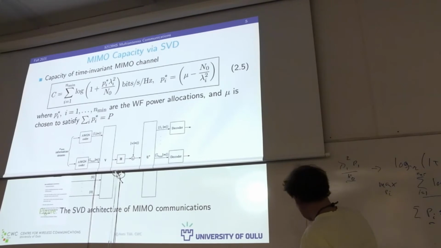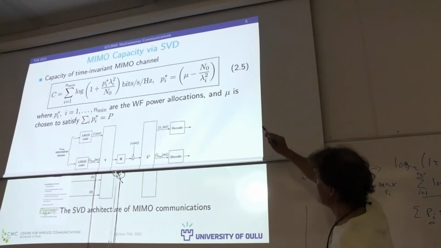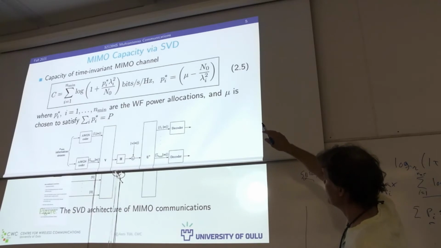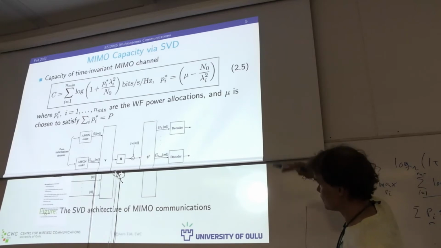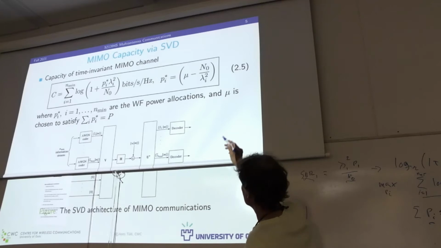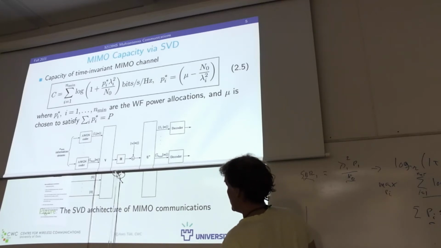So you can see that the power is a function of the inverse of this equivalent channel gain, the eigenvalue, and its dual variable mu, which corresponds to the so-called water level. And this mu is chosen to satisfy the power constraint.